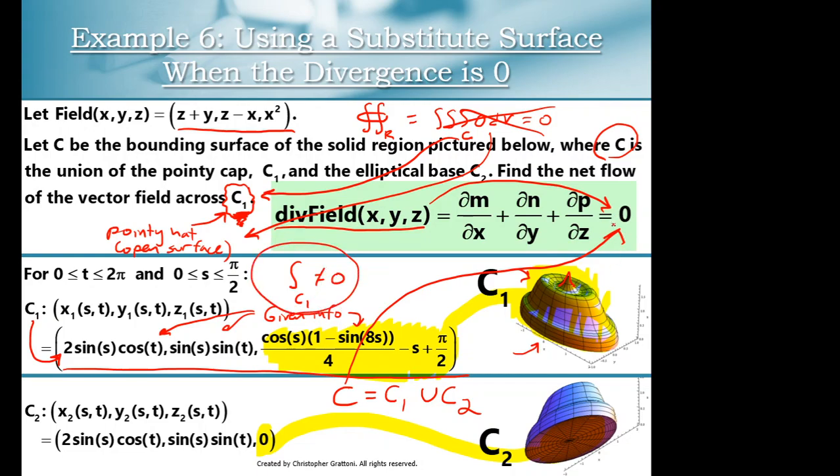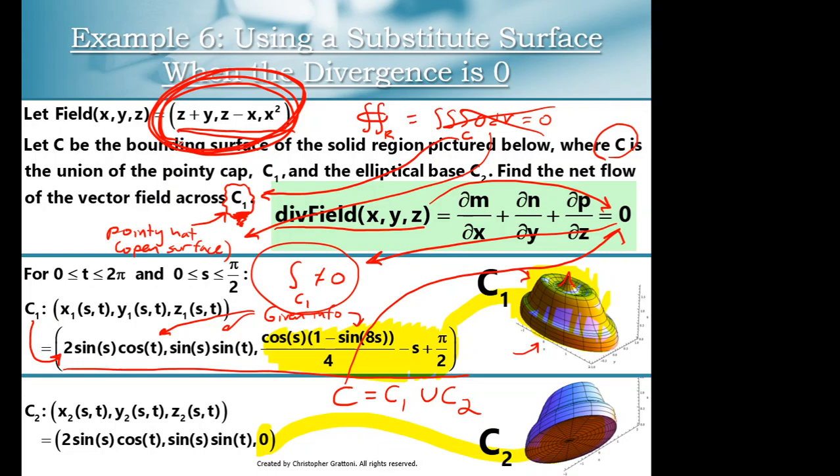The divergence equaling 0 does not mean that there's no flow. Some people will see the divergence equaling 0 and say, okay, this vector field is completely static. It's equal to 0 everywhere, nothing is happening. Well, that's not true. This vector field is interesting. It has lots of stuff happening. Look at this equation. This vector field is not 0, 0, 0.